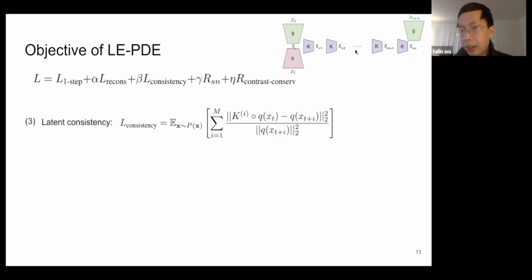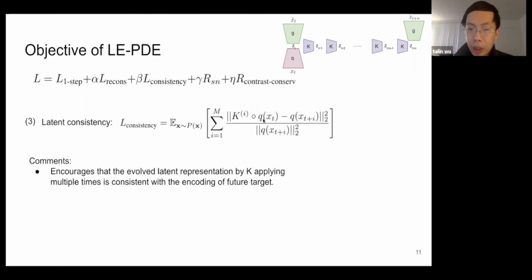Basically, this numerator will ensure that the evolved latent vector is consistent with the future target. And we also have a denominator here, which ensures that the network cannot cheat.